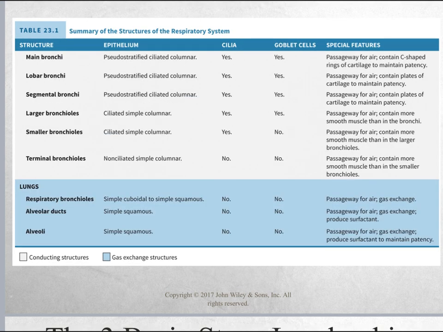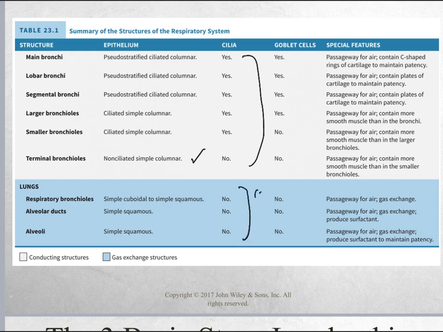Continuing with 23.1, look at our bronchi, primary bronchus, ciliated pseudostratified columnar, following through secondary, tertiary. When we hit the bronchioles, we change epithelium. Simple columnar, and then the terminal bronchioles, simple columnar. And then when we hit the respiratory zone, because remember we're exchanging gas, this is all conducting zone.